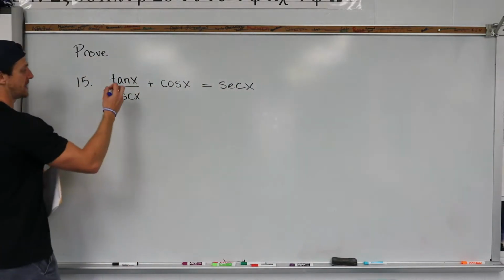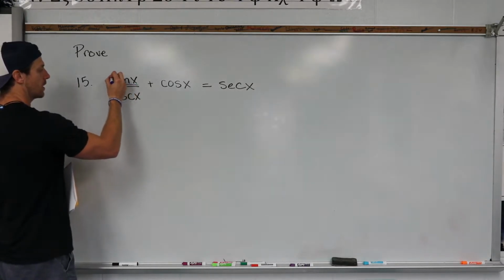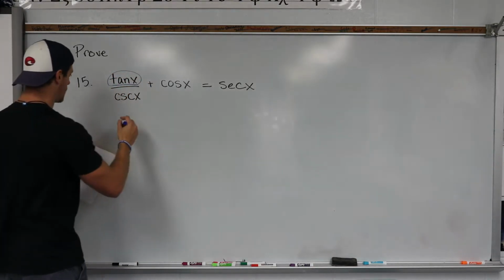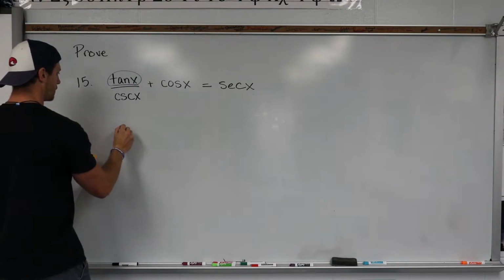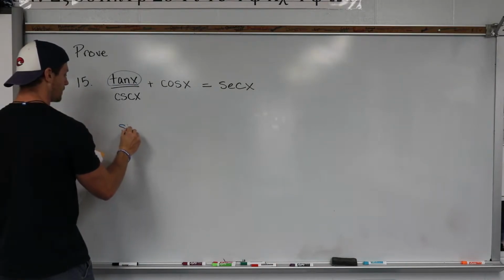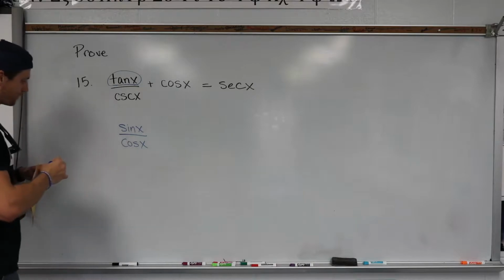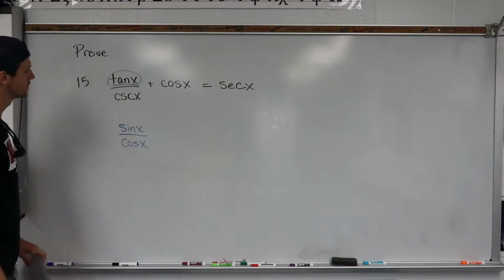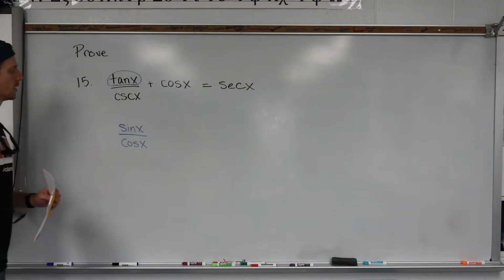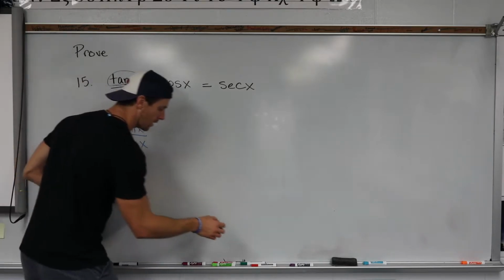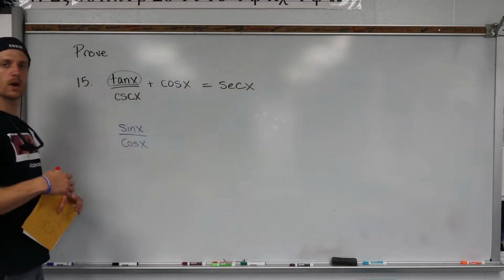So I'm going to change the tangent to sine over cosine: sine of x over cosine of x. Now this is going to be kind of weird, but this is the way I'm going to do it.